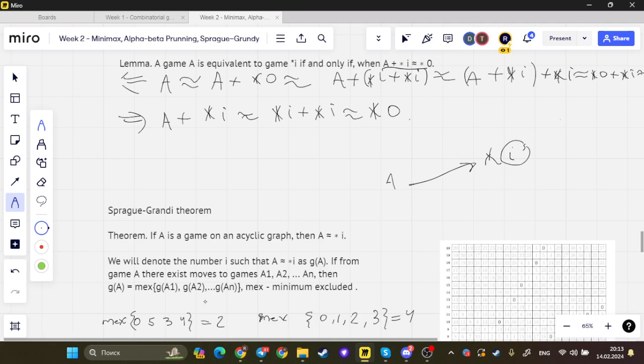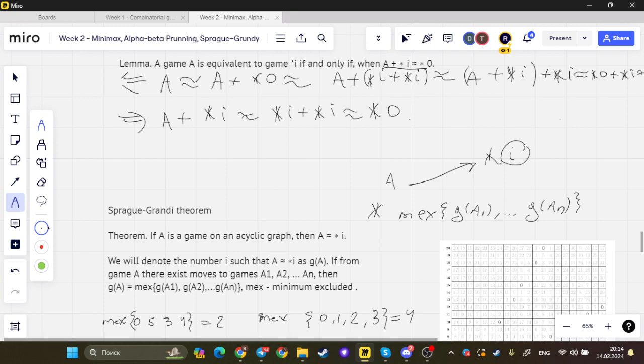It means I gave a function mex of g a1, g a2, ... g an that returns the representative element of the class.